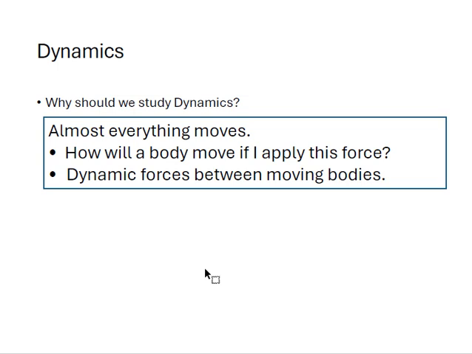It's going to help us explain and then predict this motion. So it's all about motion.